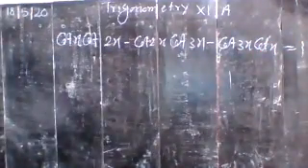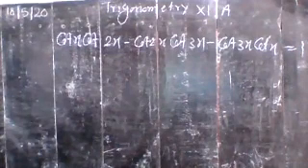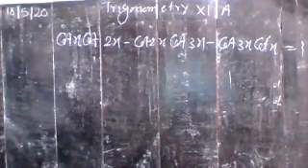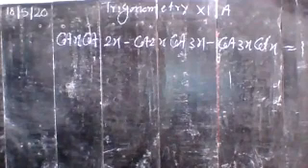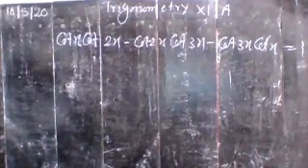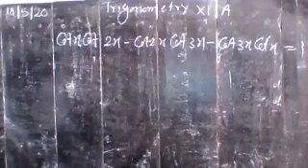You have to prove this result, and it is similar to the type of questions I discussed in the previous class. Here there is no need to take the left side or the right side.